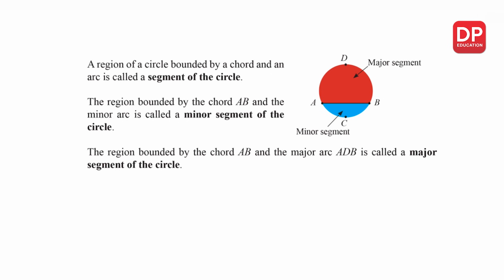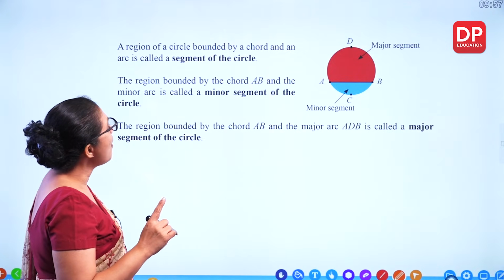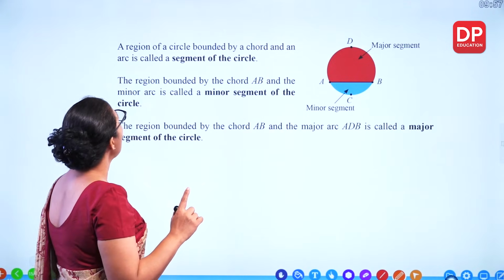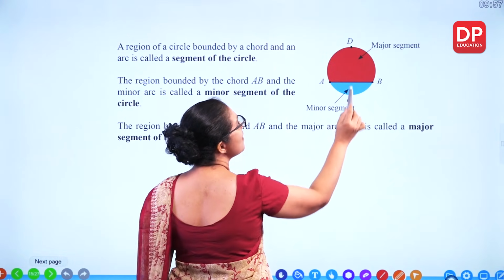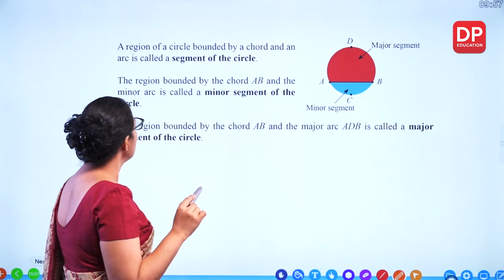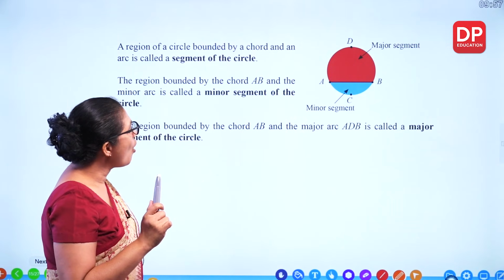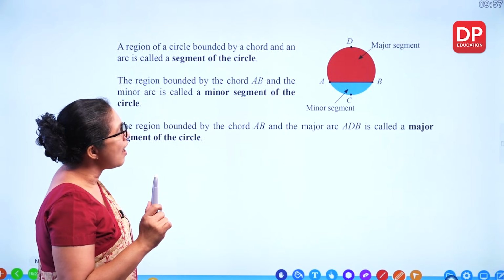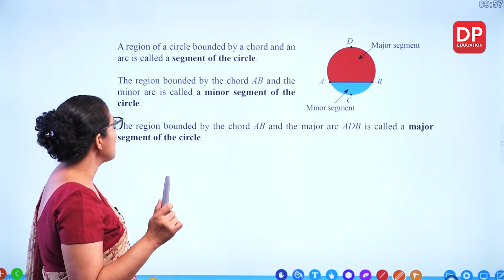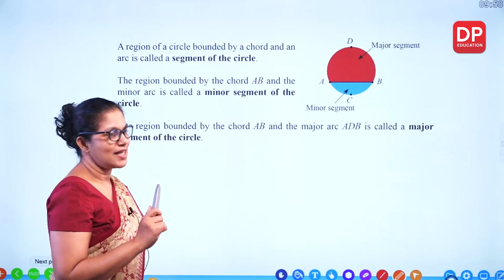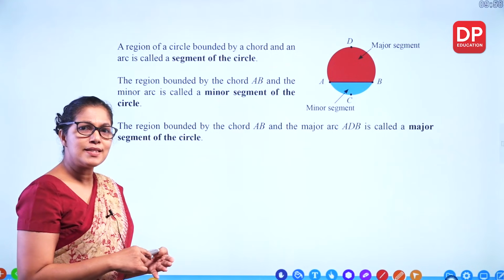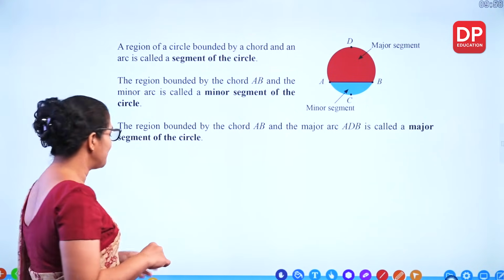A region of a circle bounded by a chord and the arc is called the segment of a circle. The region bounded by the chord AB and the major arc ADB is called the major segment of the circle. So we identify through the activity what are major segments and minor segments.